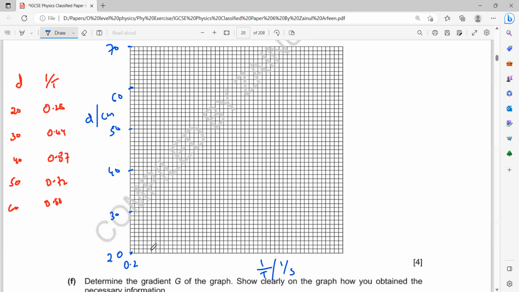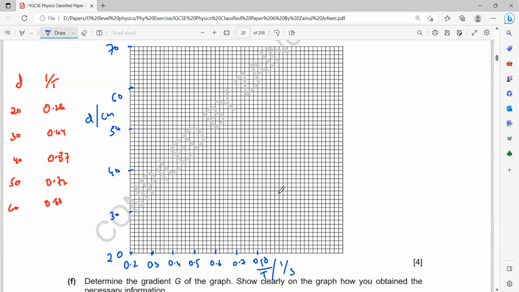So 0.2, after 5 boxes, 0.3, after 5 boxes, 0.4, 0.5, 0.6, 0.7, and 0.8.